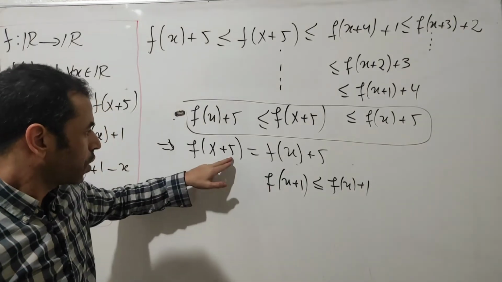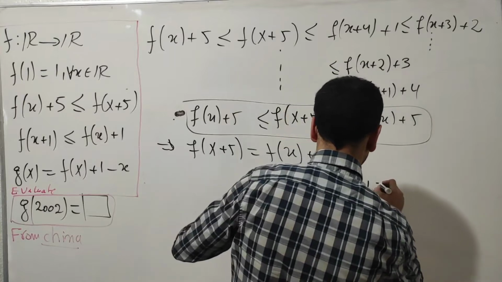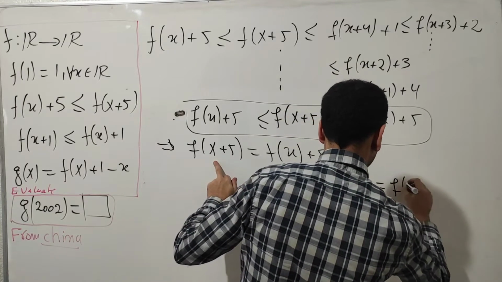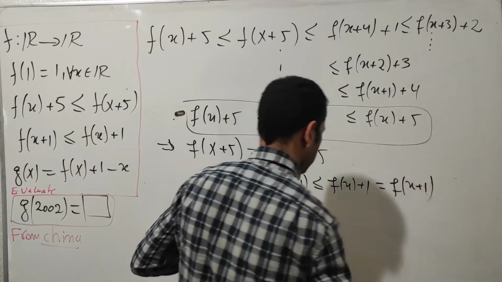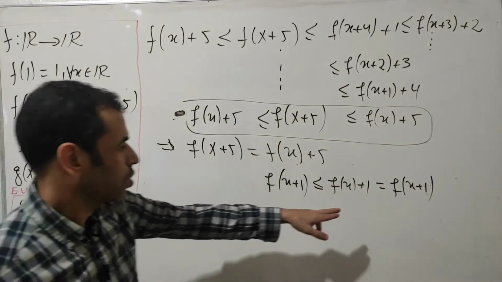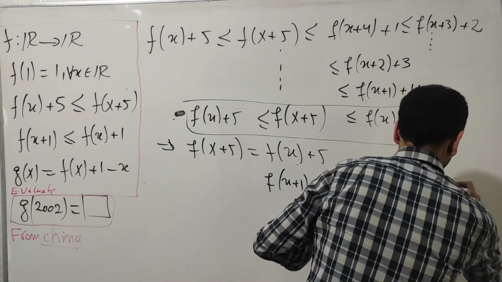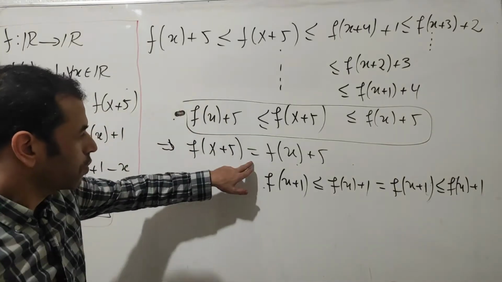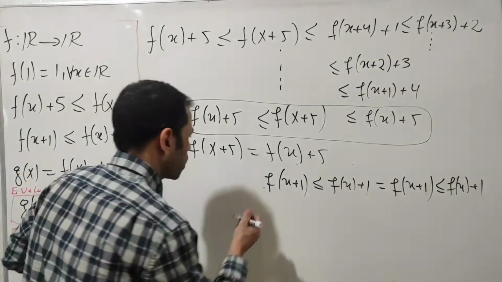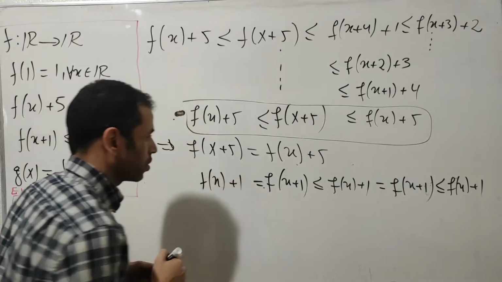Applying this condition on this one, exactly this one is going to be written in the form of f of x plus 1, like this. Also applying this condition on this one as I have here, this one is exactly f of x plus 1.